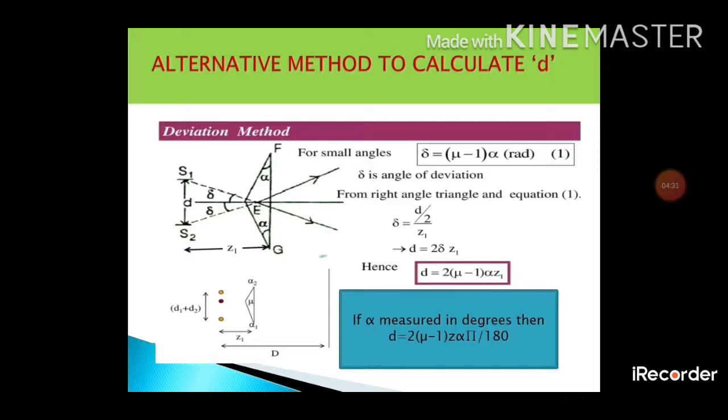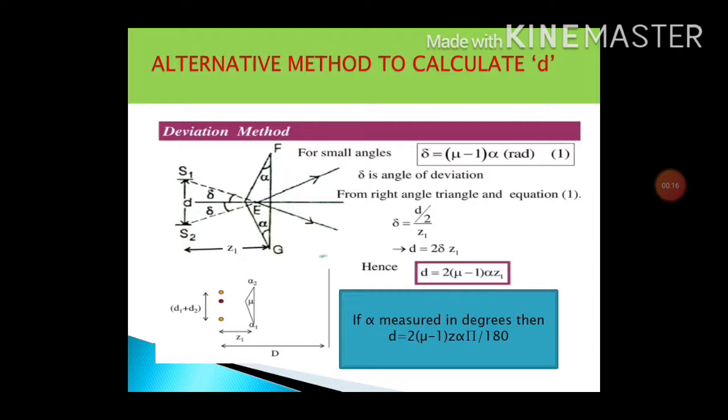You can see in the figure, let small d be the distance between the two sources S1 and S2, as you already know. Now we will discuss the alternate method to calculate the value of small d, where d is the distance between S1 and S2.